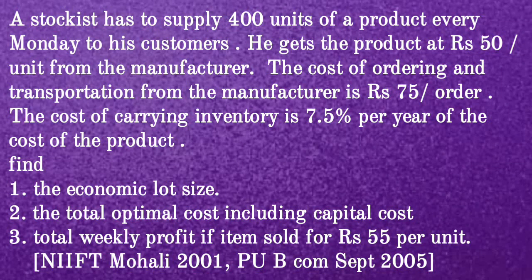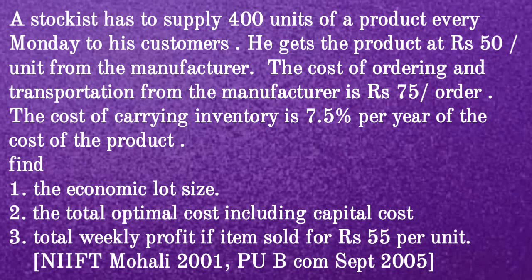Given question: A stockist has to supply 400 units of a product every Monday to his customers. He gets the product at rupees 50 per unit from the manufacturer. The cost of ordering and transportation from the manufacturer is rupees 75 per order. The cost of carrying inventory is 7.5% per year of the cost of the product.